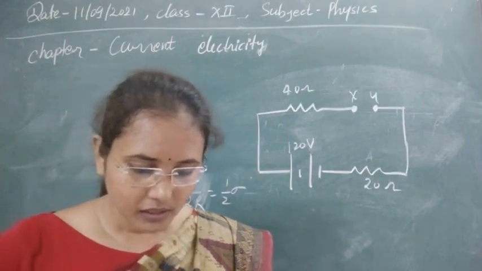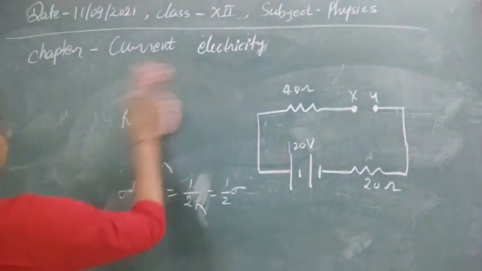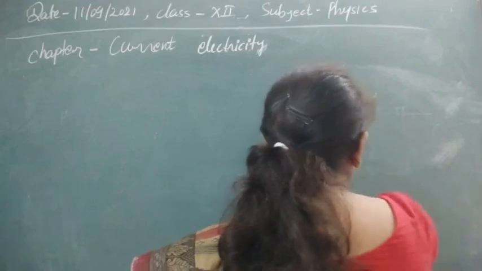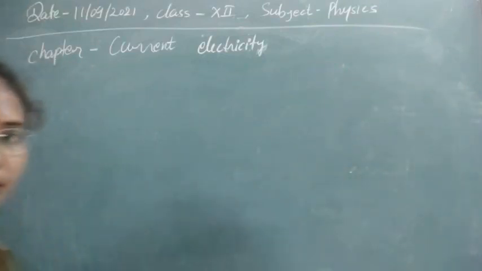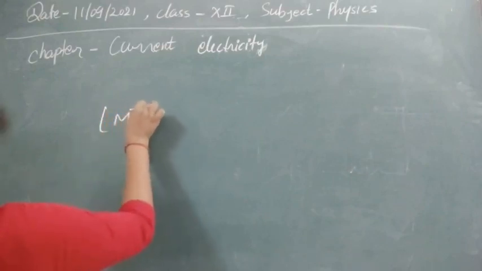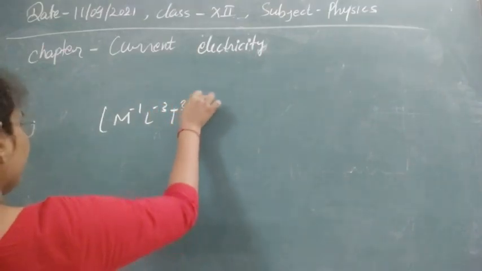Next question is the physical quantity having the dimension. The dimension is given, let me write it for you. You can see the dimension given is M minus 1, L minus 3, T cube and A square.